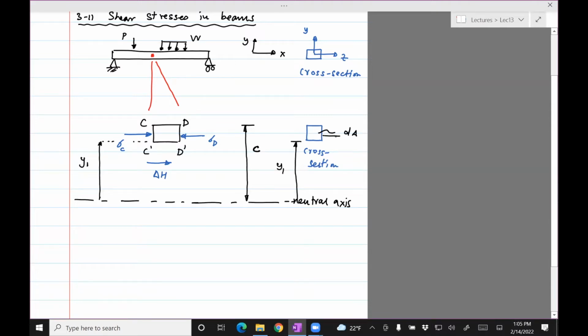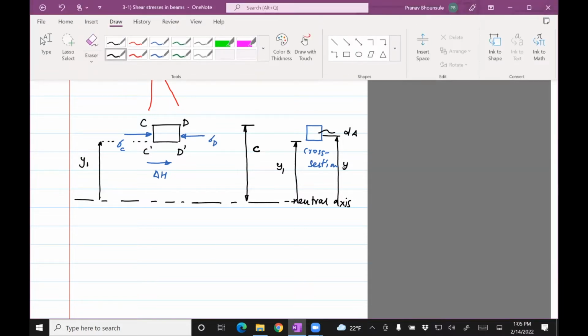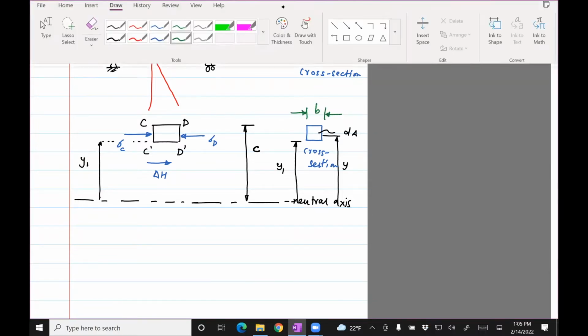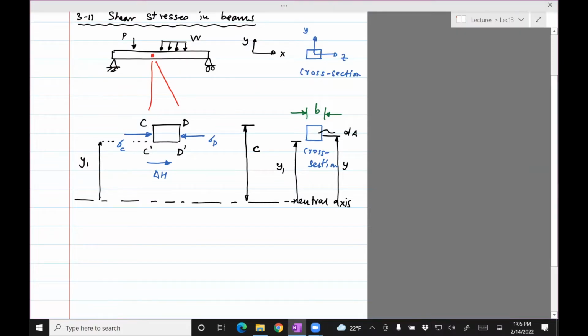Then we are interested in some distance somewhere on that plane stress element, the distance y. And then the other dimension I want to have over here is the width of this section. Let's say that the width is b. Okay, with this, we're all set to figure out what the shear stress is.